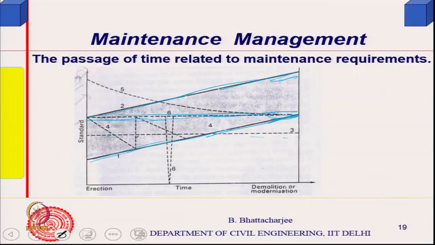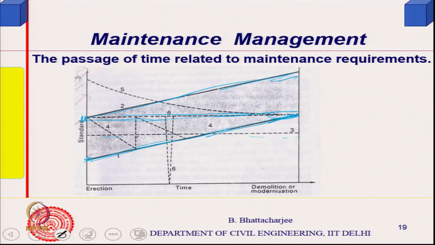Therefore, one can think in terms of a boundary: this is my upper level and this is my lower level, and things might vary between the two. Standard changes occur, but this is the minimum acceptable level.